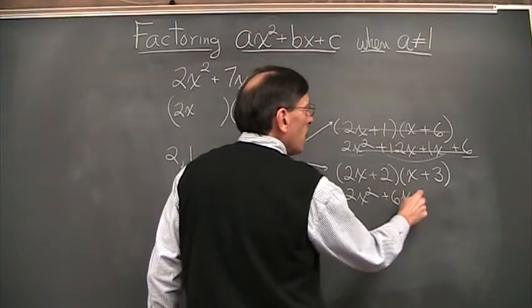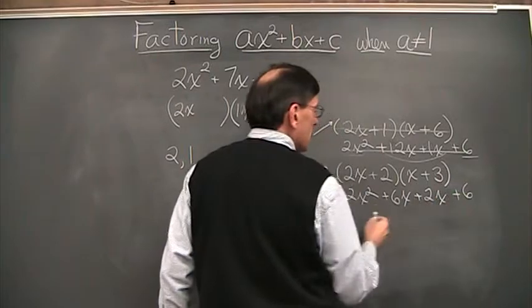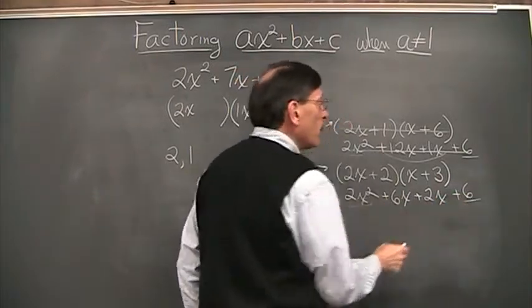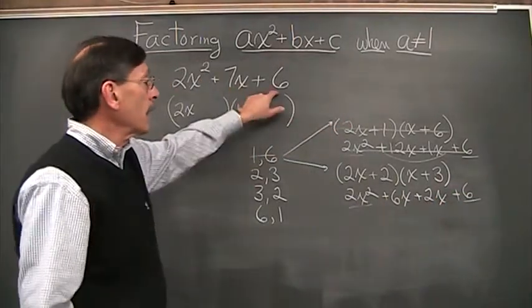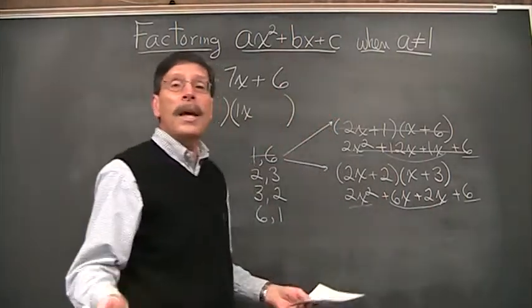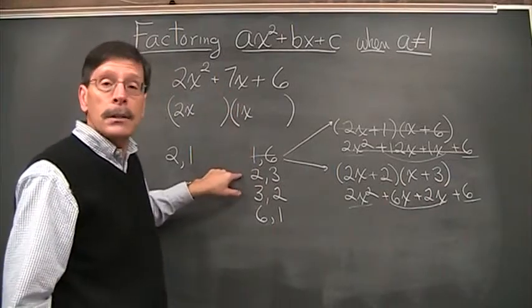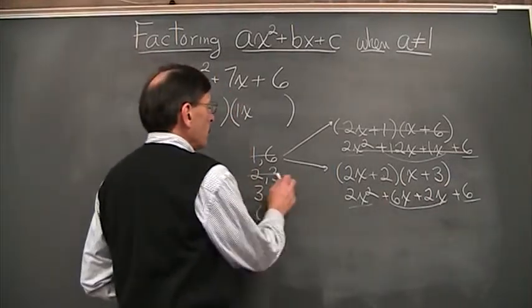The inner is 2x. And 2 times 3 gives me 6. And the 2x squared and the 6 are fine. How about the middle term? 6x plus 2x gives me 8x. The middle term, 7x, this pair doesn't work. So I cross it out.